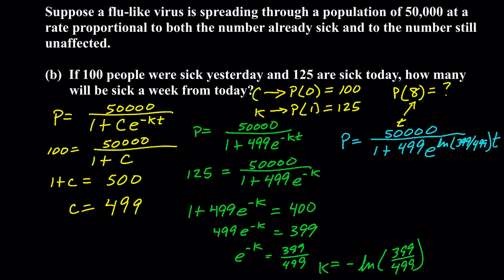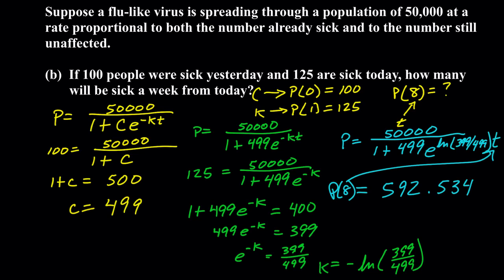And we can substitute 8 into t right here, which will yield a final value of 592.534 people are going to be sick a week from today.